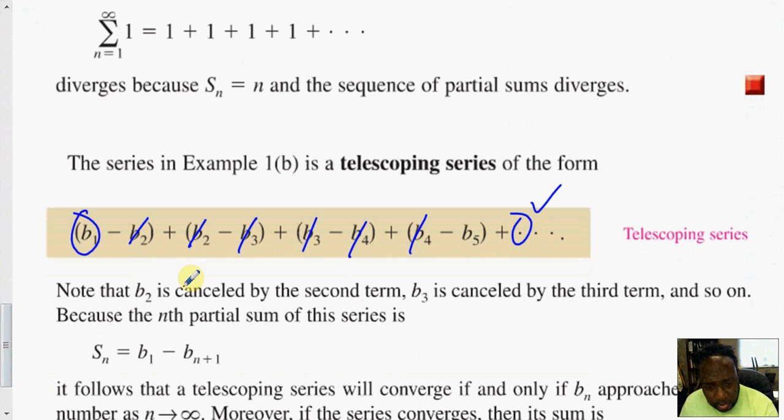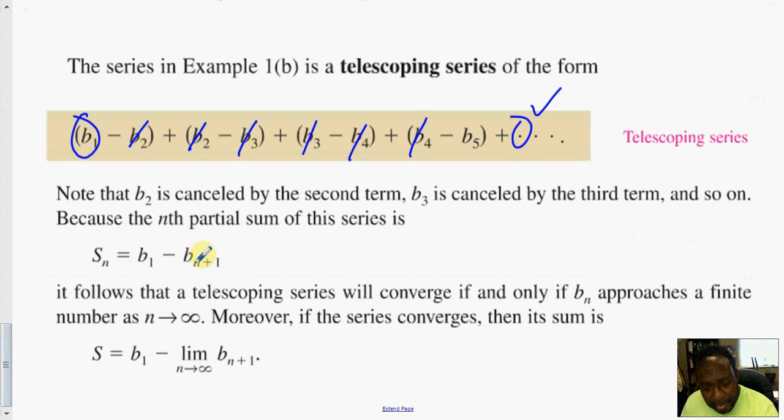So here the b sub 2 and b sub 3 cancel out. So the nth term remains and the first term. So we say that the sum s sub n is equal to the first term minus what happens toward the end. Now, I'm taking the limit of what happens toward the end because the first term is a constant, and the limit of a constant is a constant.